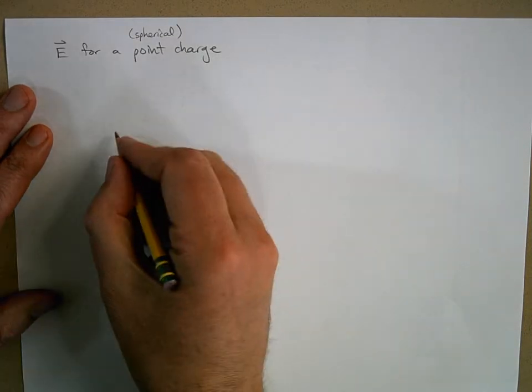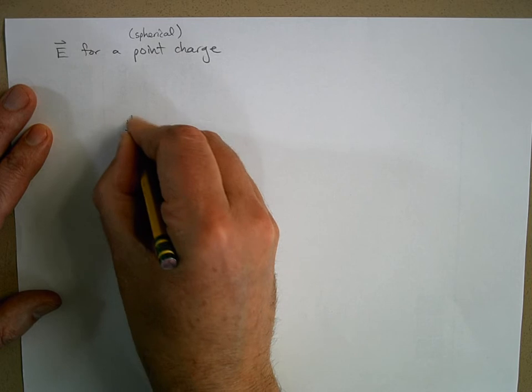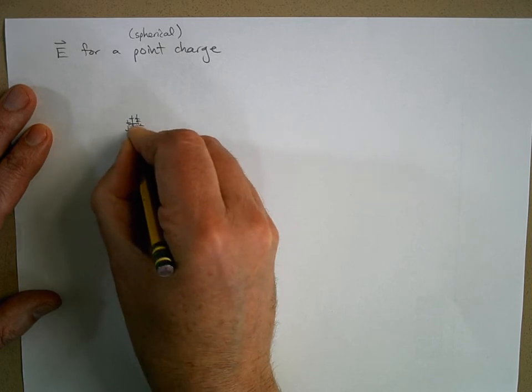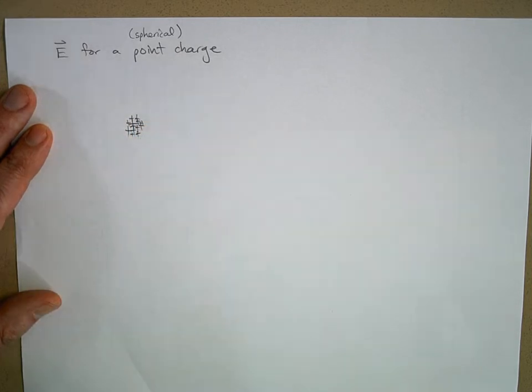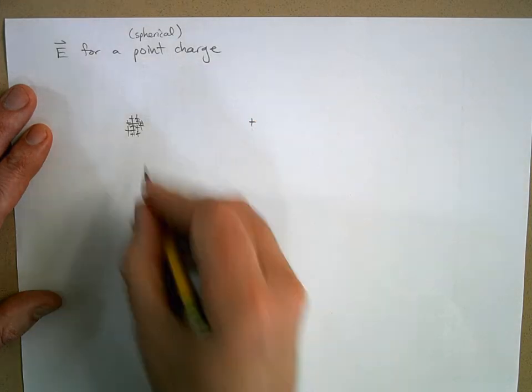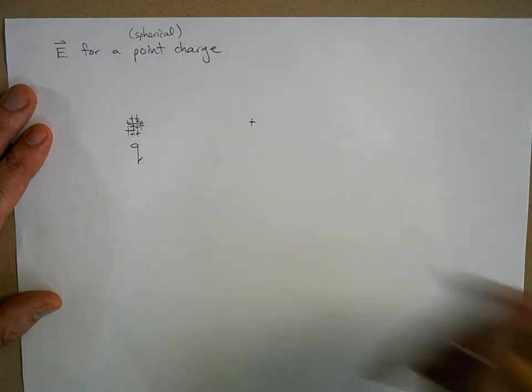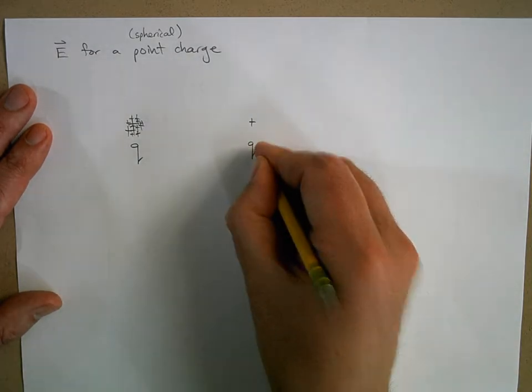So let's put some positive charge here, and let's say it's on a sphere, so I'll make it nice and round here. And then I put my test charge over here. Now I'm going to call this Q. And of course, what do I call my test charge? Q naught.